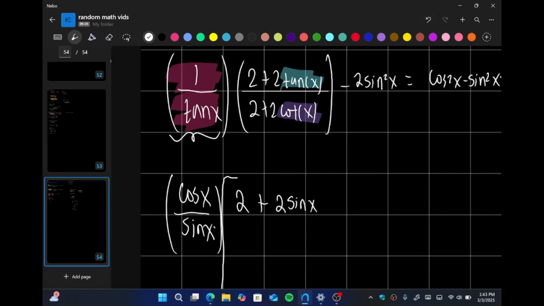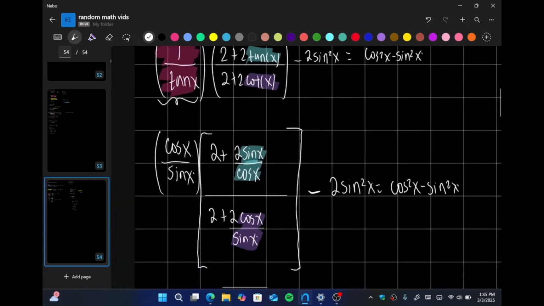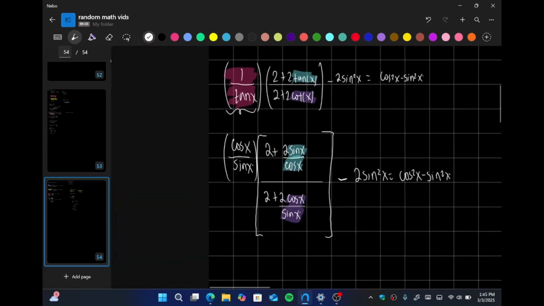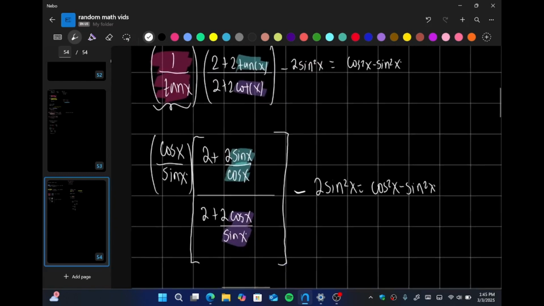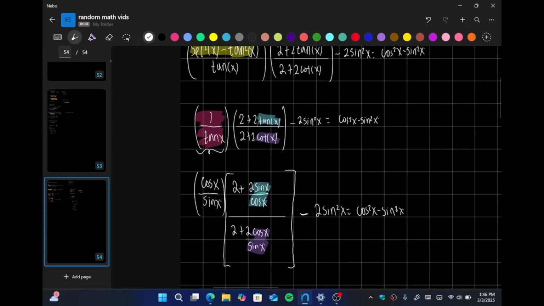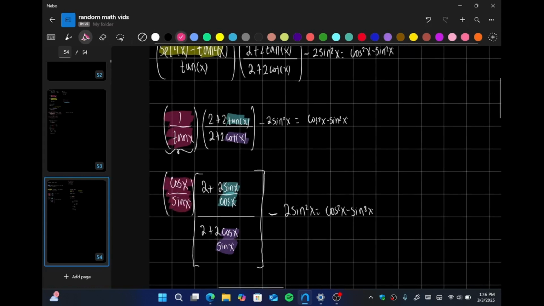Okay, guys, I just rewrote it. I didn't want to waste a lot of time writing it all down. So you can just see what I did, right? I just replaced tan x with sine x over cosine x and cotangent x with cosine x over sine x. And I also replaced, obviously, the 1 over tan x with cosine x over sine x because we just did it a few minutes ago.